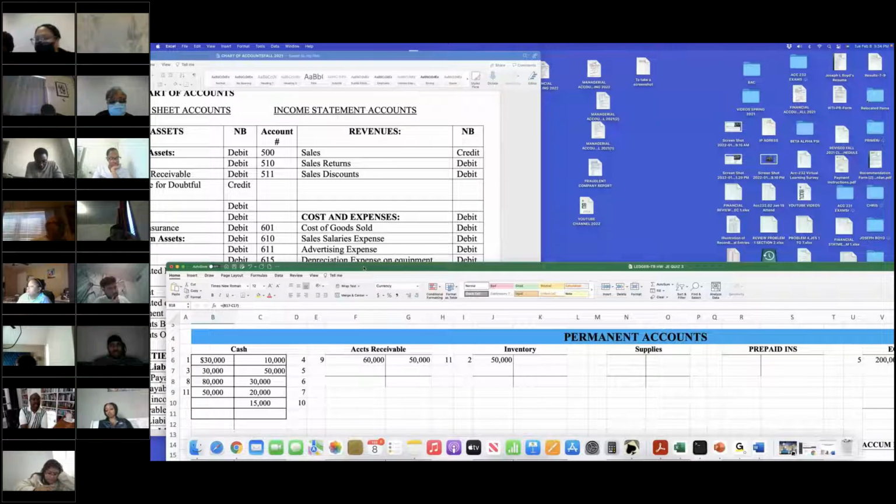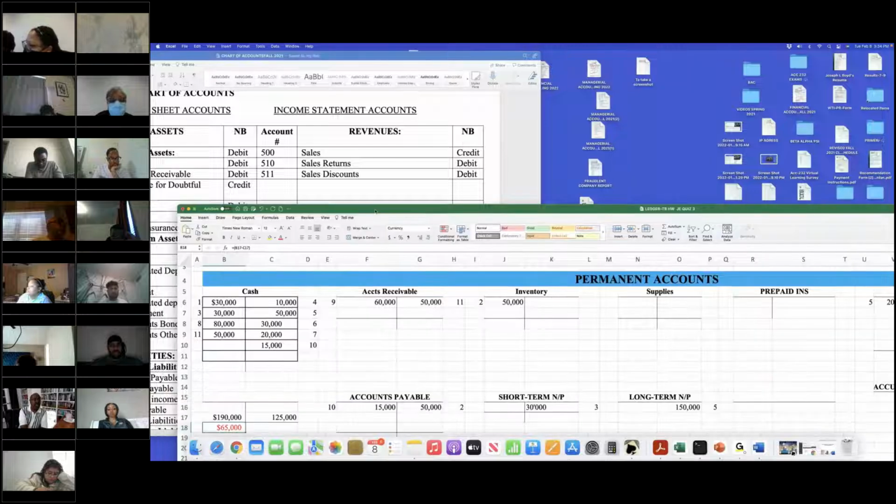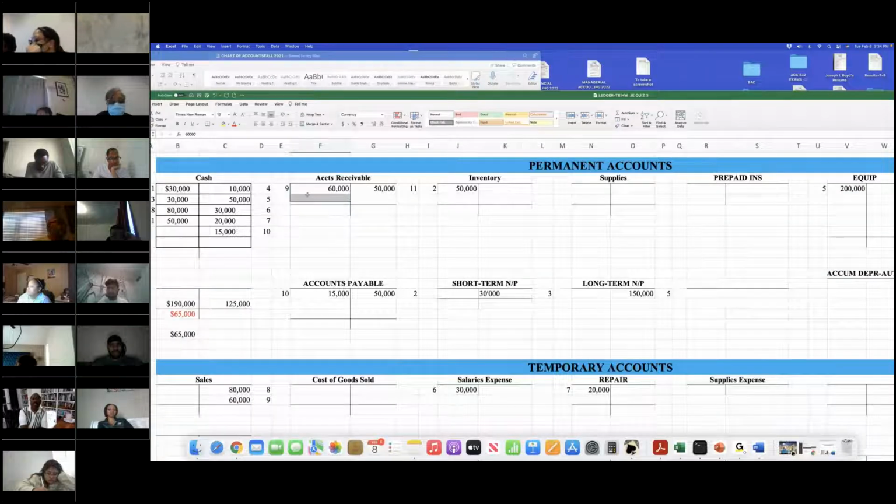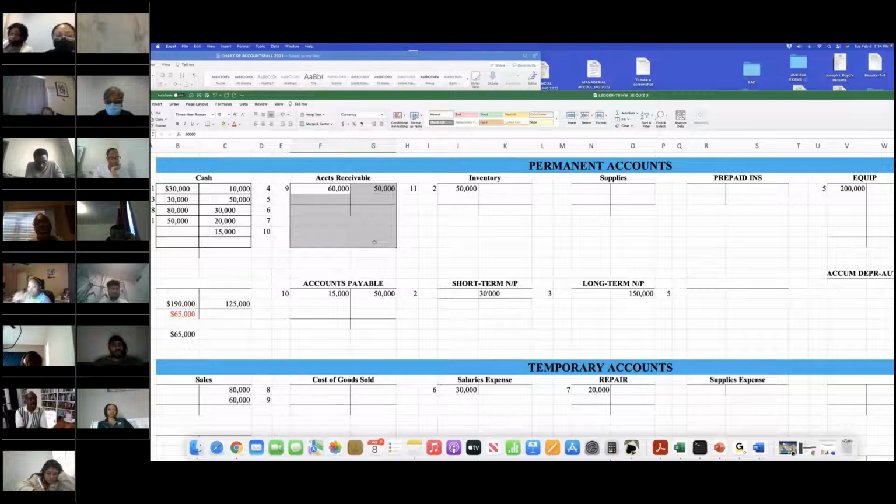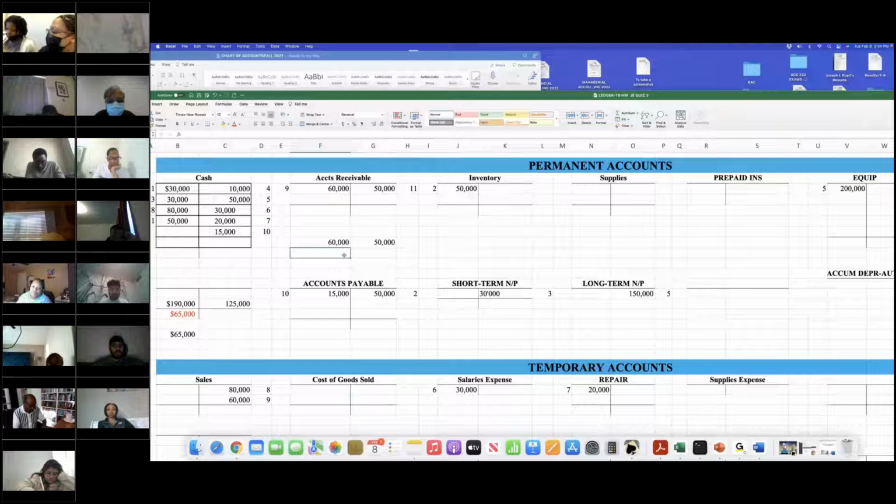Okay, let's go to accounts receivable and we'll practice our autosum formula again. So we're going to hit autosum, then we're going to hit equal. Shift parentheses.